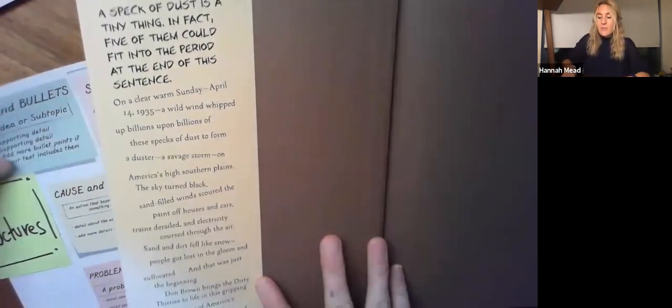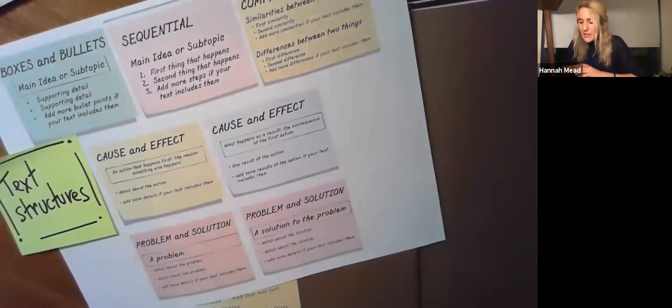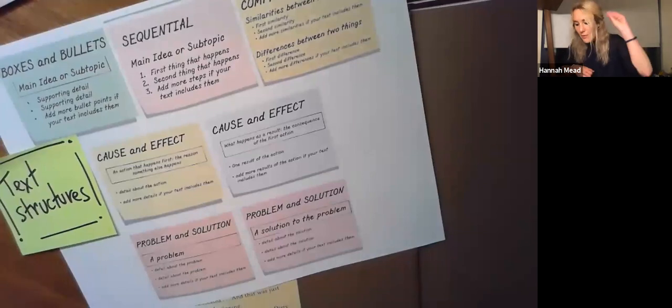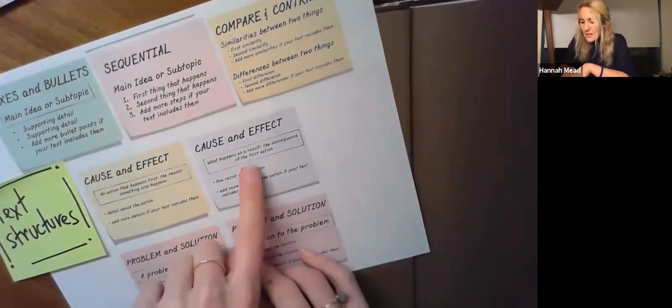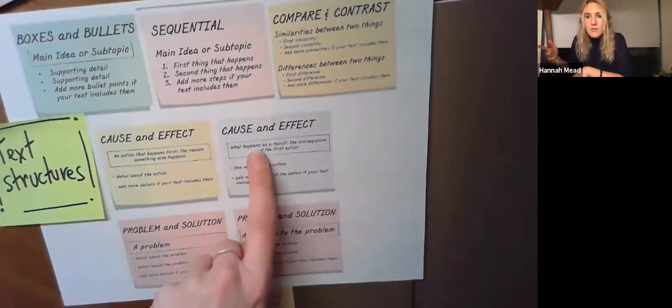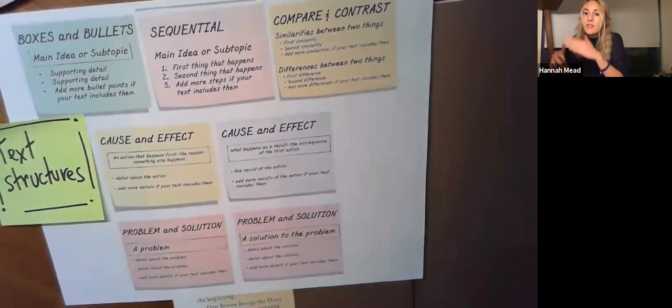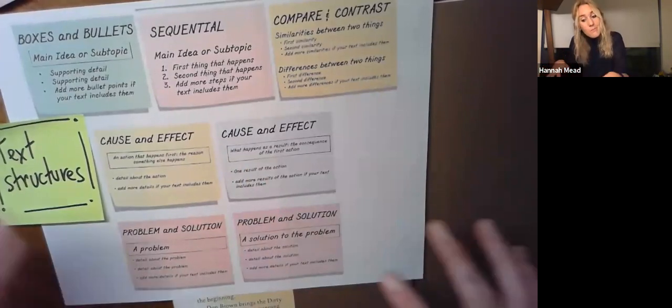Yeah, I'm thinking that I'll probably be hearing some cause and effect. It seems like it's starting with telling me what happened. So maybe it's this one, what happens as a result of something. So maybe the text will be teaching me more about the stuff that caused a dust bowl.